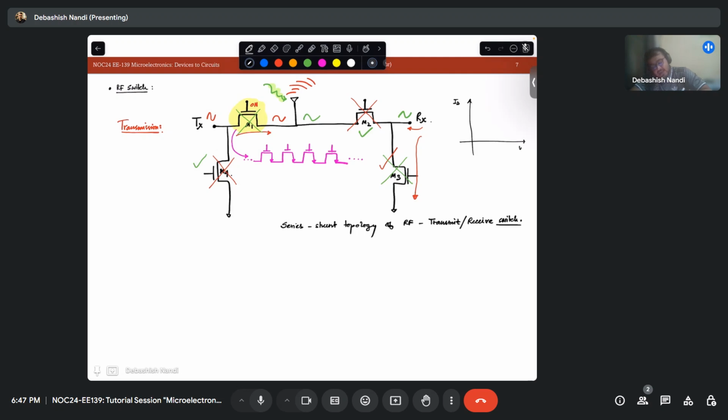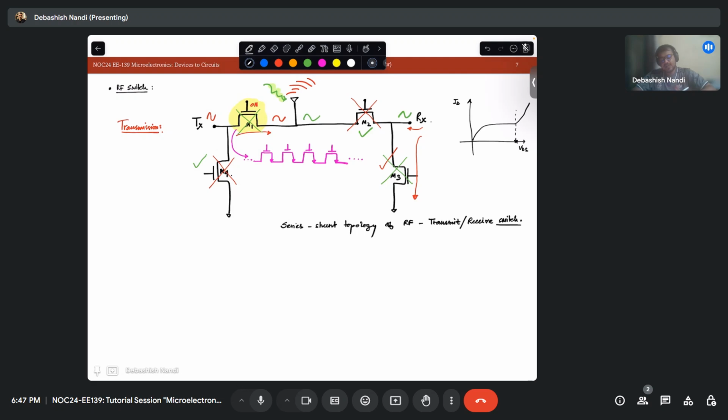In your ID-VDS curve, after a certain point it starts to break down. So it does not reach your breakdown voltage, or higher order effects like impact ionization do not come into the picture, or hot carrier effects do not degrade the performance of the device. That's why you distribute the overall power among a series stack, or we call it a stack of transistors.